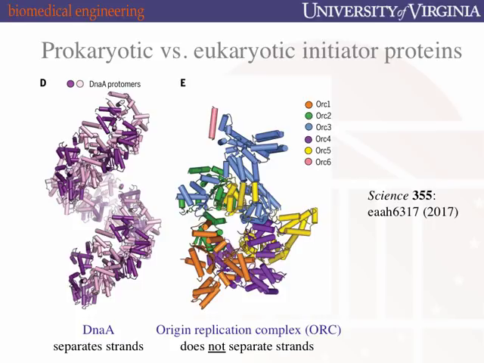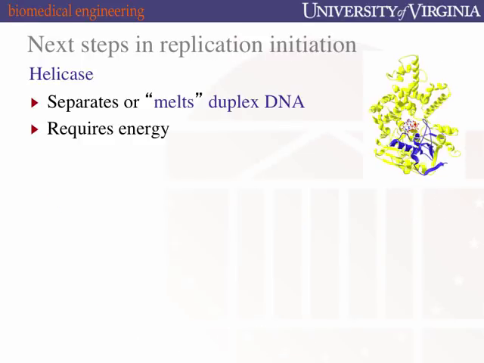What it does do is create a location on the genome to recruit other proteins that do separate the strands. But from the perspective of recognizing origins of replication, same. So we now have an origin recognized by DNA A or ORC.